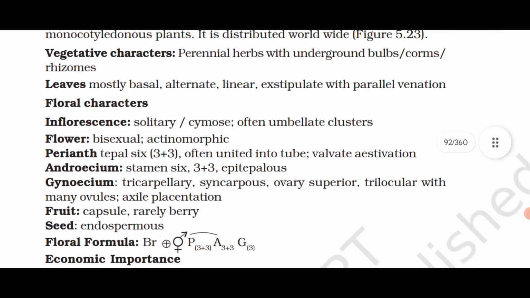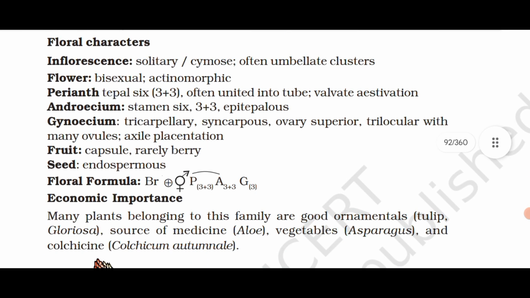Gynoecium tricarpellary, syncarpous, ovary superior, trilocular with many ovules, axile placentation. Fruit capsule, rarely berry. Seed endospermous. Floral formula: Br, bisexual, actinomorphic, P(3+3), A 3+3, G(3).